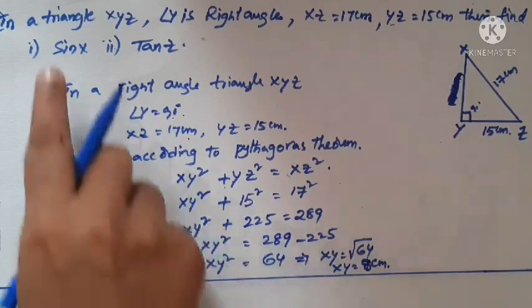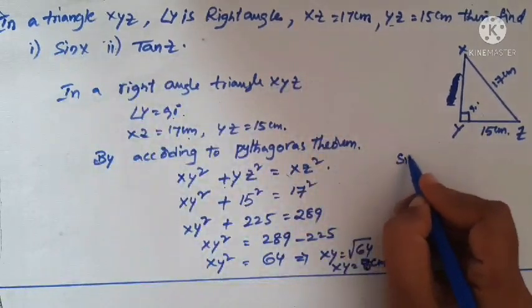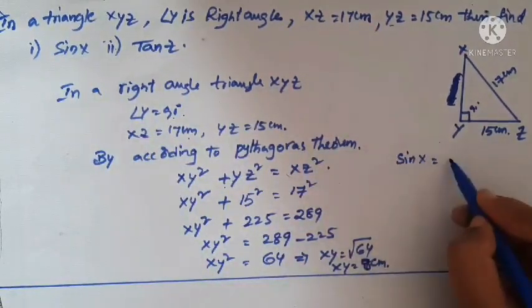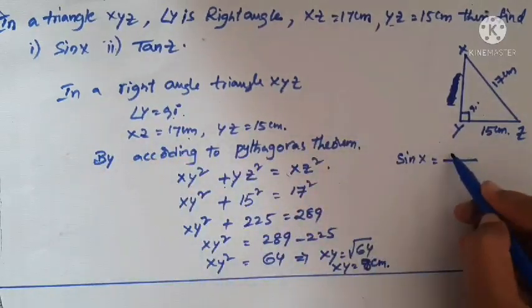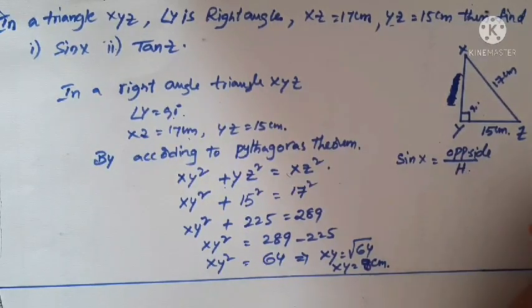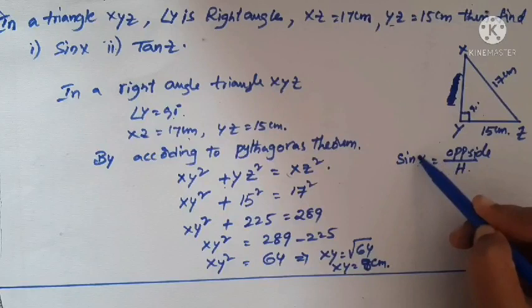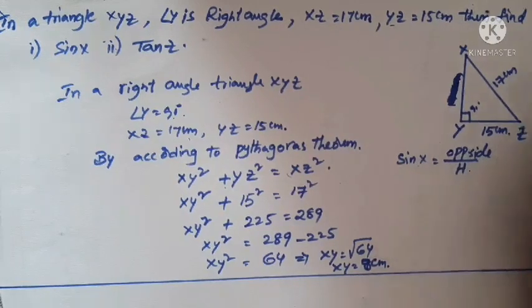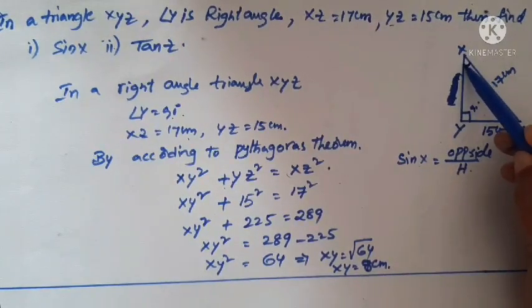And now you find out sin X. What is the definition of sin X? Sin value definition: opposite side by hypotenuse. H means hypotenuse with respect to angle X. See here, in the figure, angle X is here.